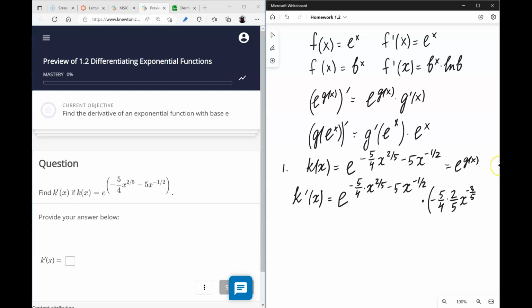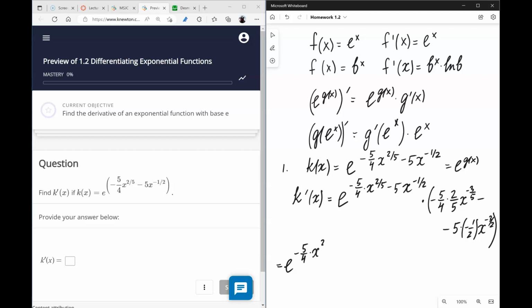I'm not managing my space well over here. Forgive me for that, but let me just carry this over. So we have negative 1/2 x to the power negative 3/2. And I'm going to rewrite it once again. Hopefully this time I'll manage the space better.